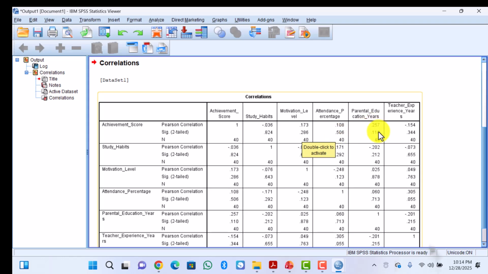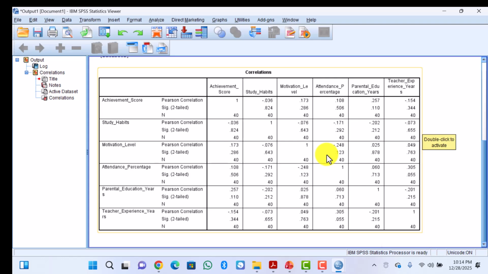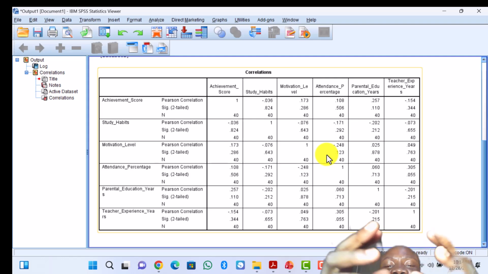Parental education has a positive relationship with achievement score, but the relationship is equally insignificant. Also, teachers' experience has a negative relationship. You can see the value is minus 0.54, but the relationship is equally insignificant. So you can see clearly that the relationships we have reported so far are not significant.